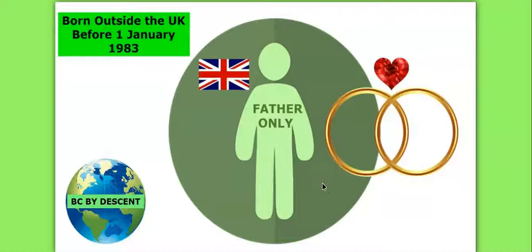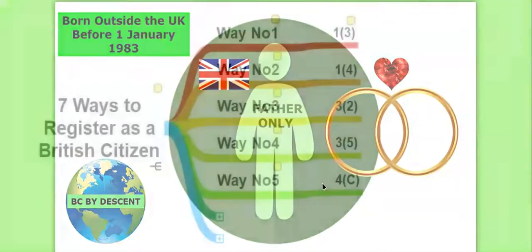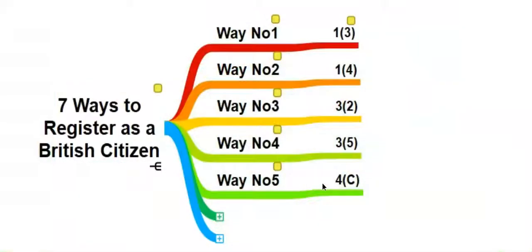And as we know, the father is a citizen of Brazil, so this particular requirement is not satisfied. And for this reason, Amelia will not be a British citizen. And it's very unfortunate, but before 1st of January 1983, British women could not pass on their British citizenship to their children who were born abroad in the same way as British men could.